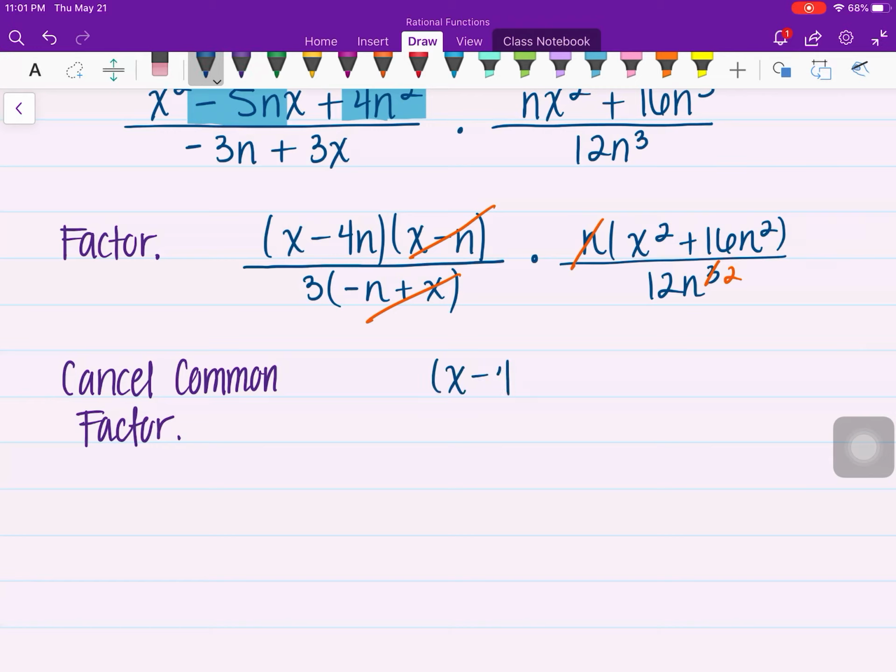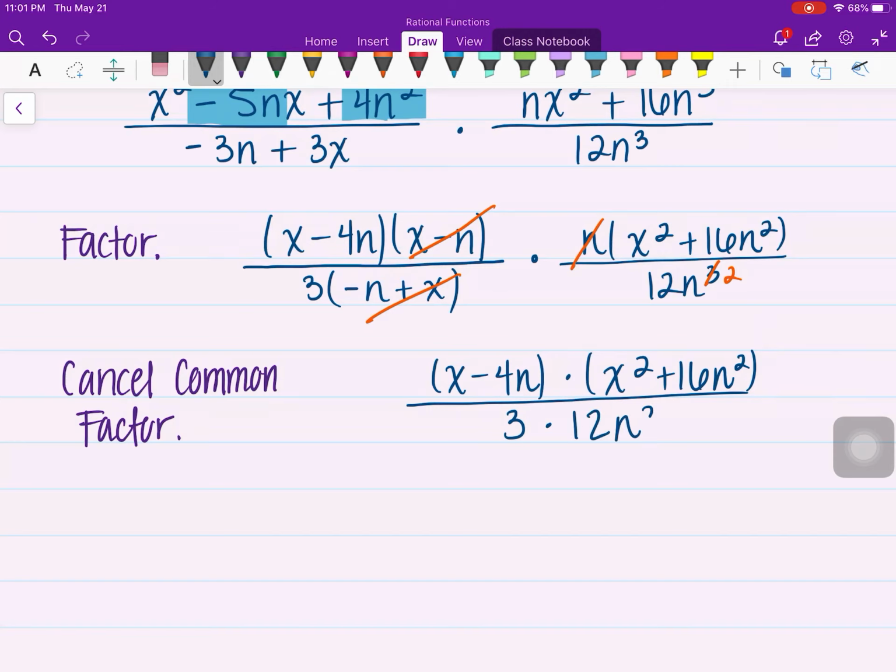So then we're left with x minus 4n times x squared plus 16n squared, all over 3 times 12n squared. From here, we can just multiply.